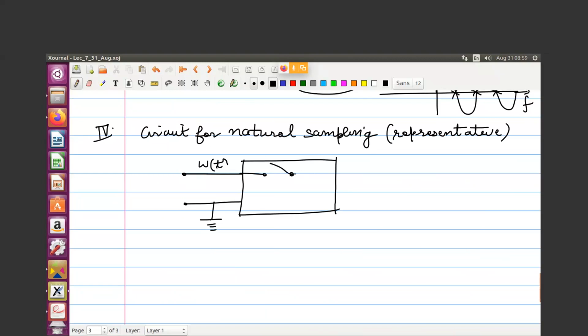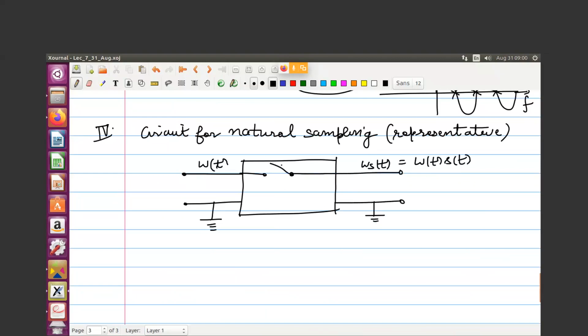Suppose this is the switch, and this is the terminal. This is the output. The output is simply the sampled signal, or the instantaneous naturally sampled signal, which is w(t) times s(t).